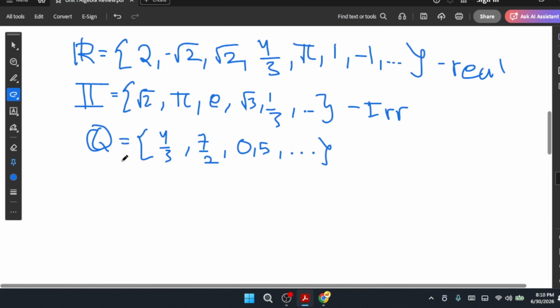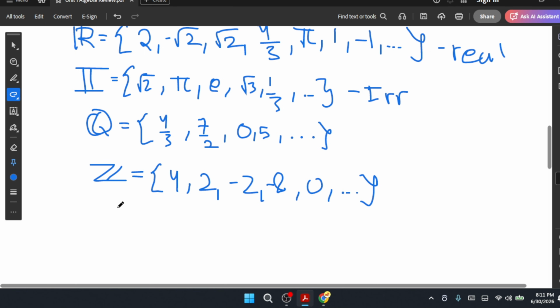And then inside of the rational numbers, there are integers. Integers are like 4, 2, -2, -8, and so on, including 0.